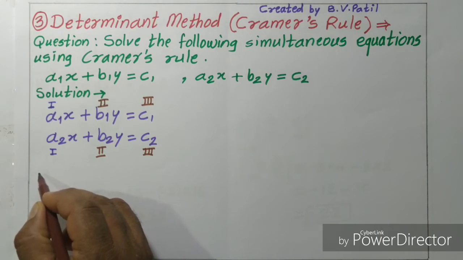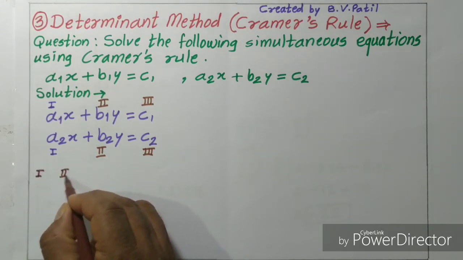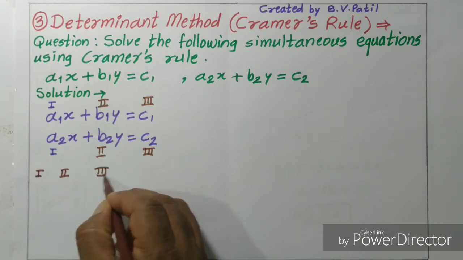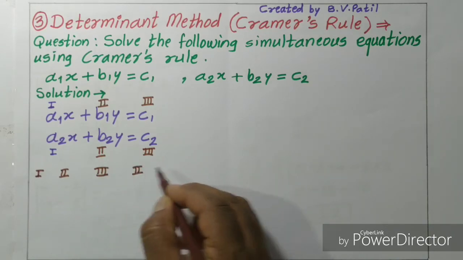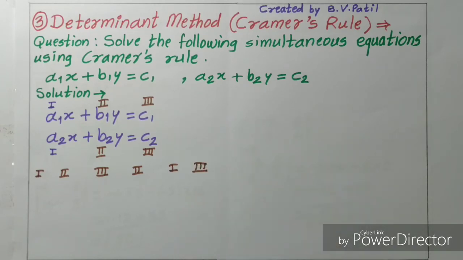When we use Cramer's rule, always remember: first, second, third, and second, first, third. That is the simple formula for Cramer's rule.